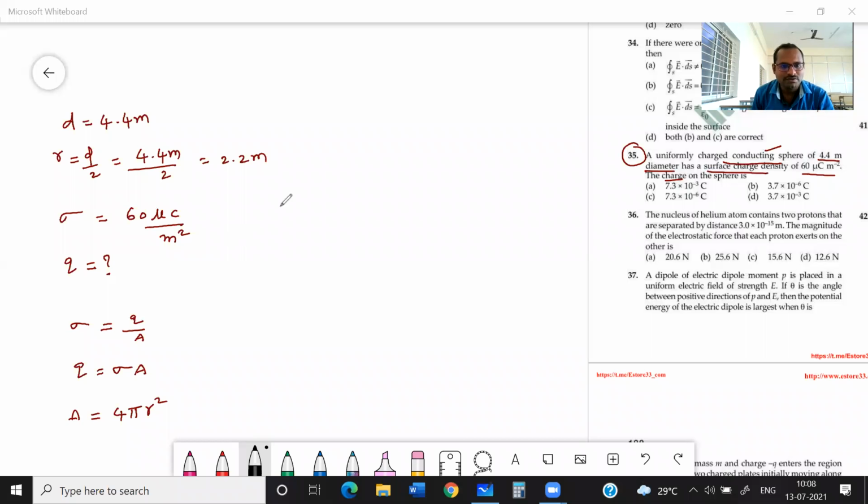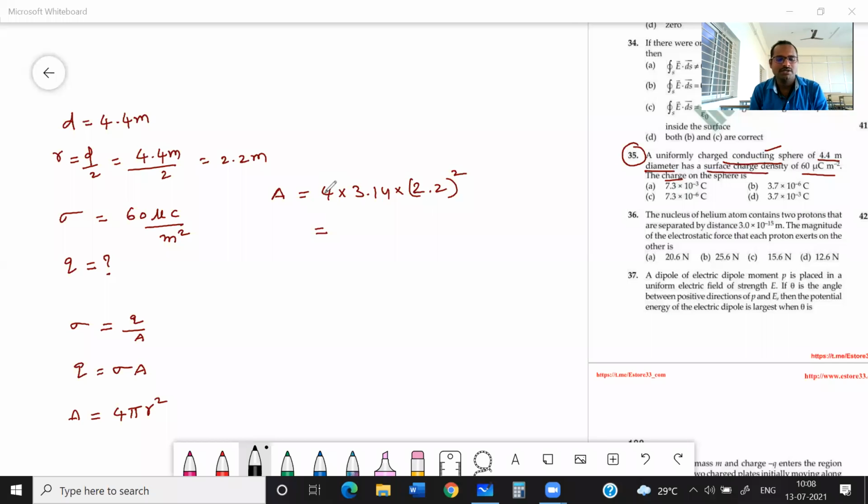Now substitute the value. You will get area as 4 into pi, 3.14, into the small r value, which is 2.2, whole square. You need to substitute.